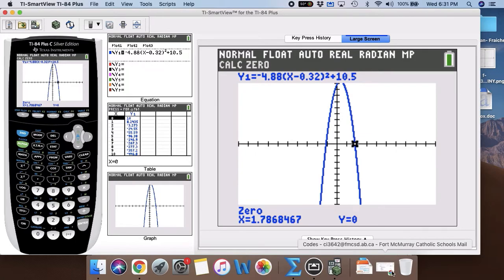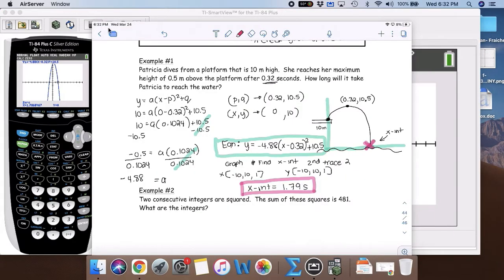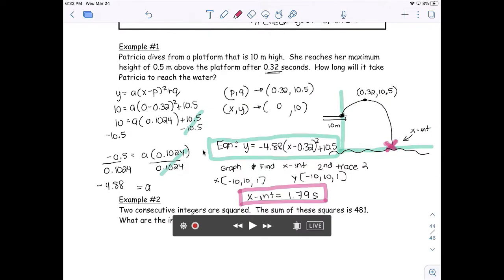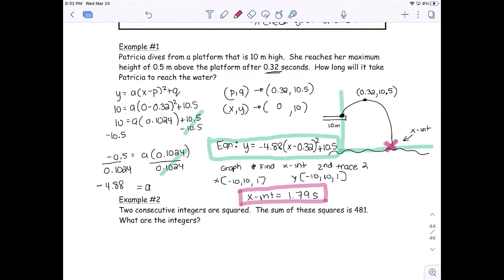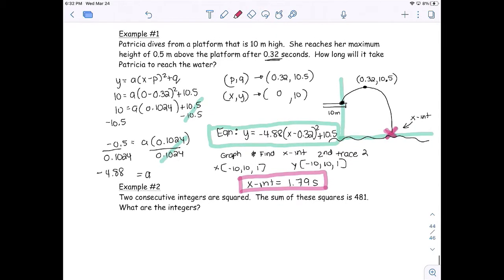So 1.79 seconds. Make sure you round correctly. Okay, so we got the answer. I highlighted it. So let's move on to example number 2.